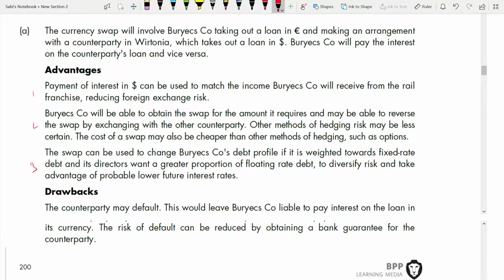You still have to pay that high fixed interest. But with the floating rate, it keeps changing. So that advantage is there, and because of that, your debt profile will change. That change can only be achieved by using swap, because in a swap you can change from fixed rate to floating rate or floating to fixed, to diversify risk and take advantage of probable lower future interest rates.